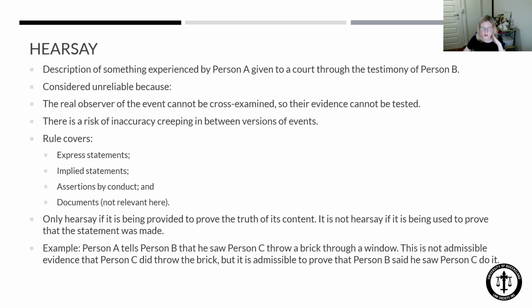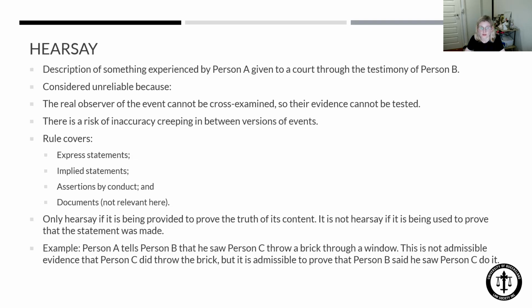It is a description of something experienced by person A, given to a court through the testimony of person B. So that is that person B is giving the court evidence of what person A saw, believed, etc. And the reason why it's unreliable is because the actual person who experienced those things, who saw, heard, etc., can't be cross-examined. So you can't test their evidence.